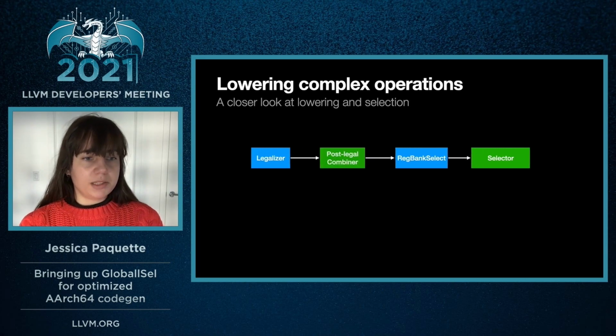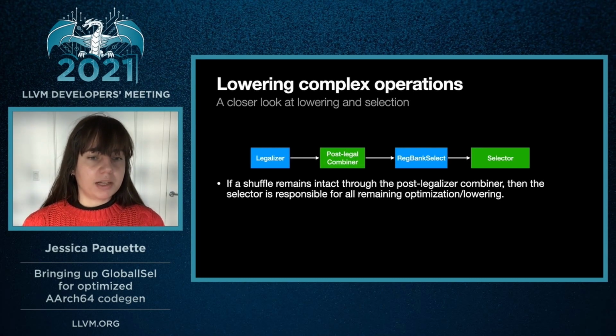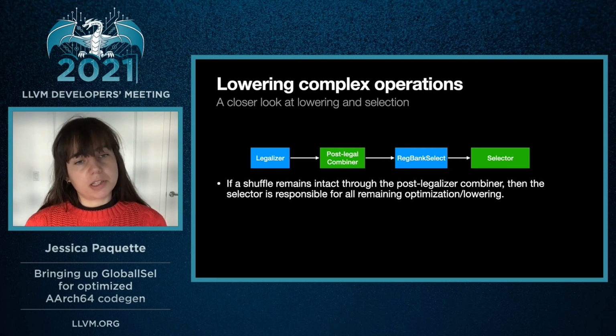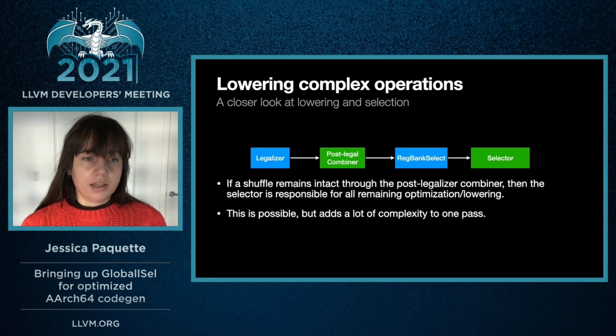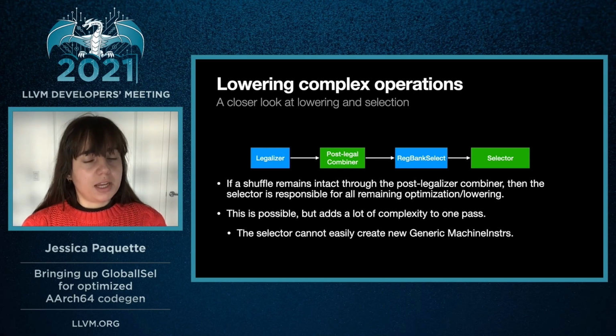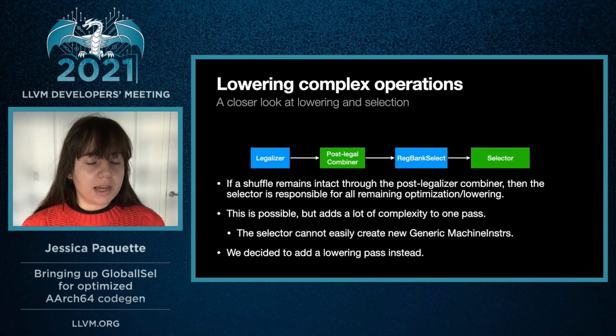If a shuffle remains intact through the post-legalizer combiner, then the selector is responsible for all remaining optimization and lowering. Now, this is possible, but it adds a lot of complexity to one pass. The selector can't easily create new generic machine instructions after a regbank select, and so we decided to add a custom lowering pass instead.